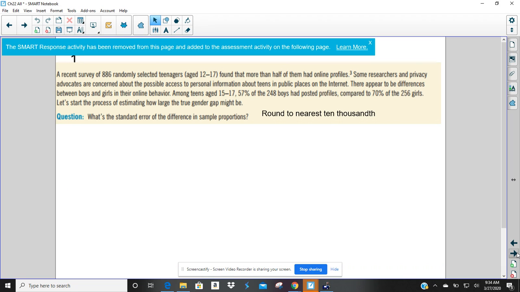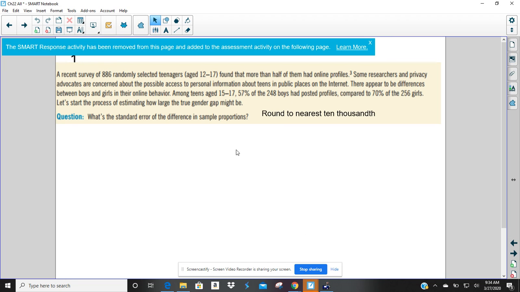So let's figure out the standard error for this problem. Take a look at it, and then we'll follow up from there. We're looking for the standard error between boys and girls using social media.